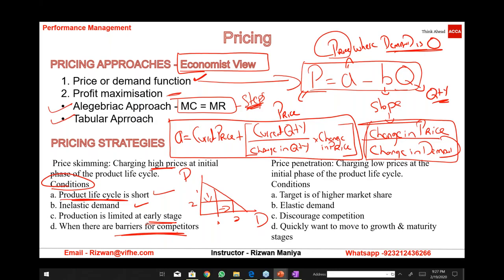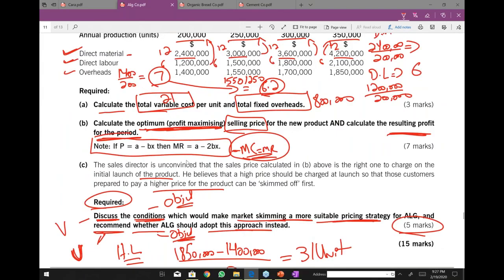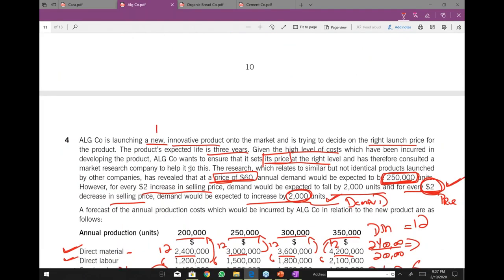So let's find out from the scenario. Conditions. So first, is the product new? Yes. Innovative? Yes. And the life is 3 years? Yes. So it seems to be a shorter life cycle of 3 years, right? High level of cost? Yes, which means not everybody can enter the market easily.